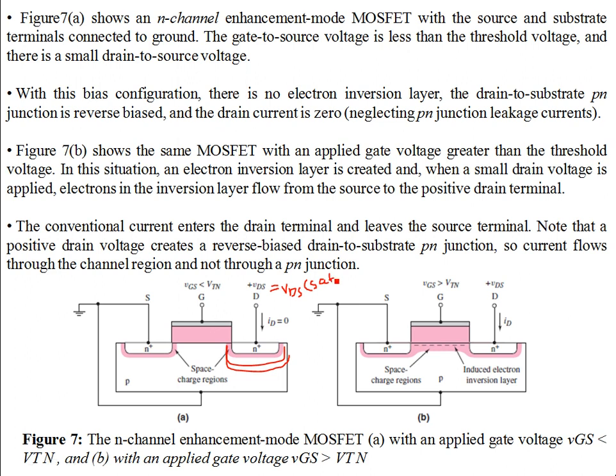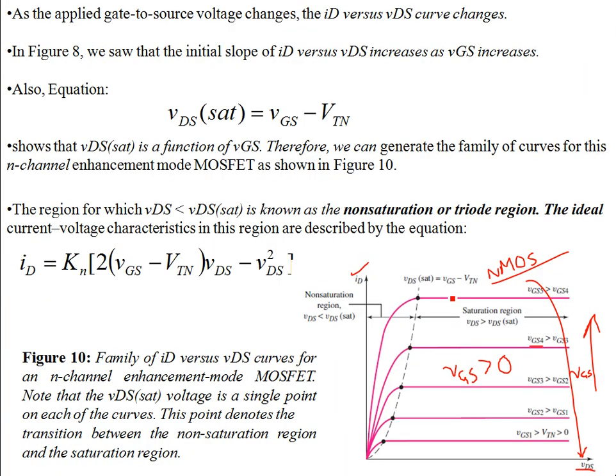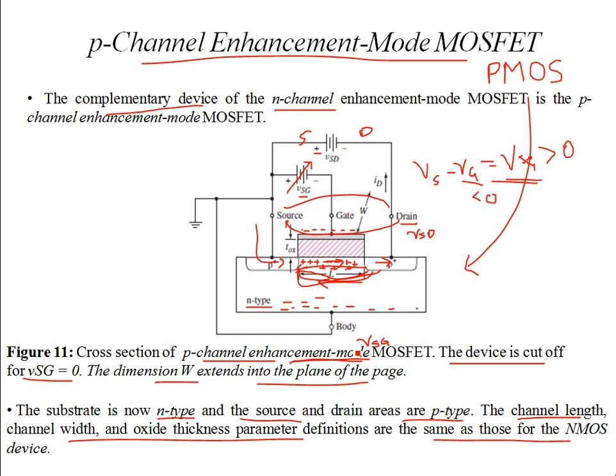As a result you have a tapered channel like this. Then if you keep on increasing VDS, the current ID doesn't change beyond VDS sat. Even as you increase VDS in this direction, the current stays the same. But this VDS was positive.